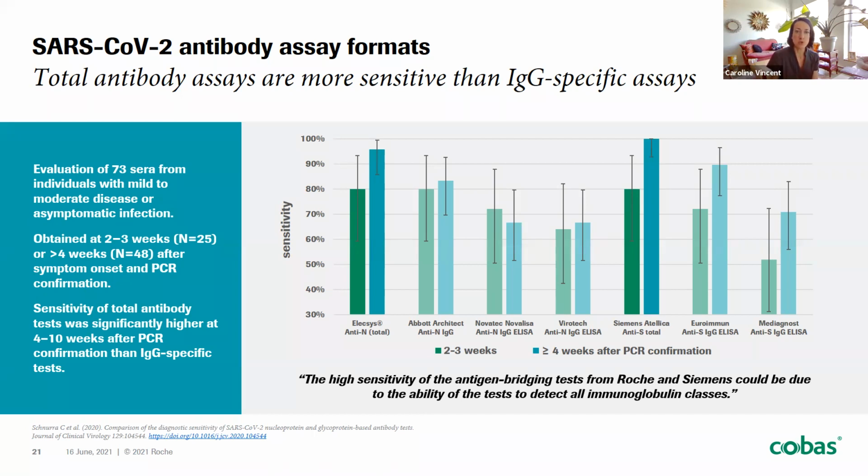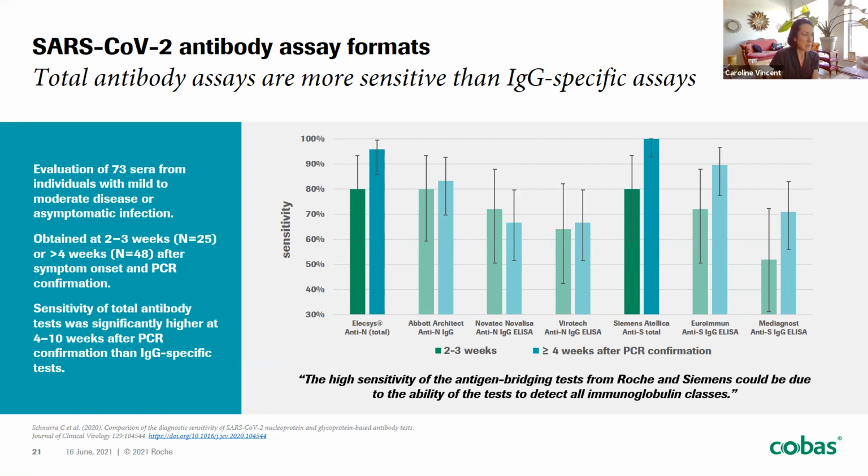Among these samples, 25 were collected 2 to 3 weeks after PCR confirmation and are shown by the green bars, and 48 of these samples were collected more than 4 weeks after PCR confirmation and are shown by the blue bars.